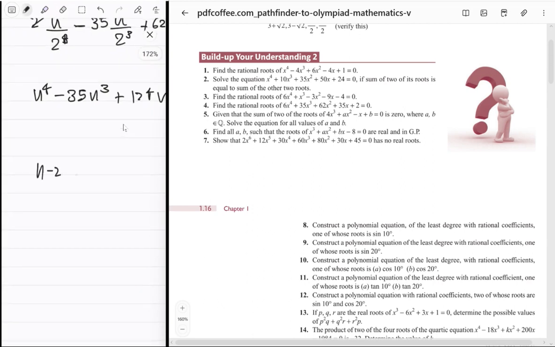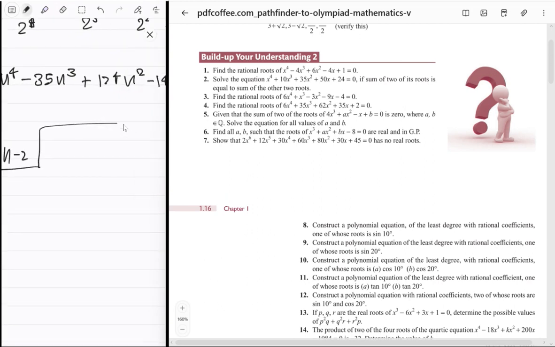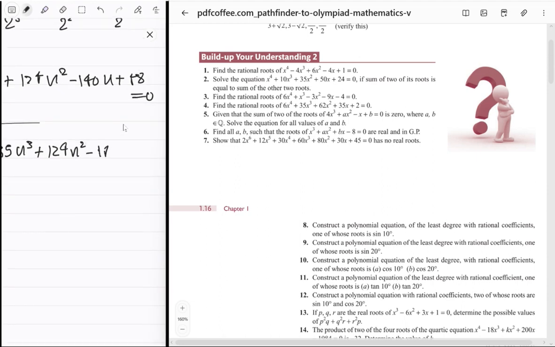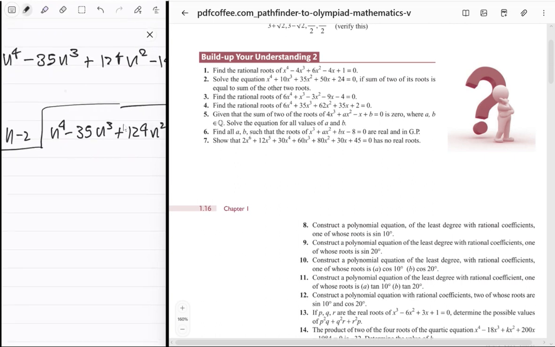So there we go, u minus 2. You could divide this by that. So you got u power 4 minus 35 u cube plus 124 u squared minus 140 u plus 48. Let's start. So u cubed, you got u power 4 minus 2 u cubed. Subtract that out, just get negative 33 u cubed.